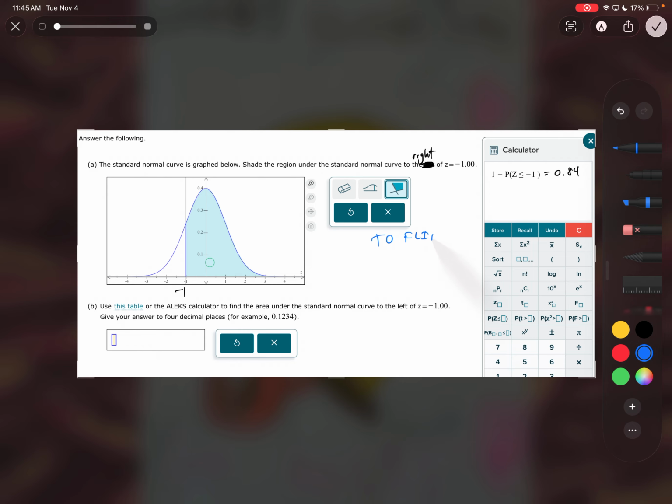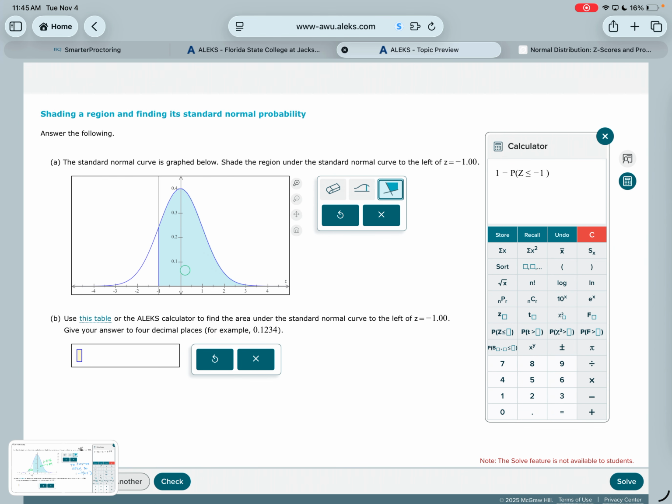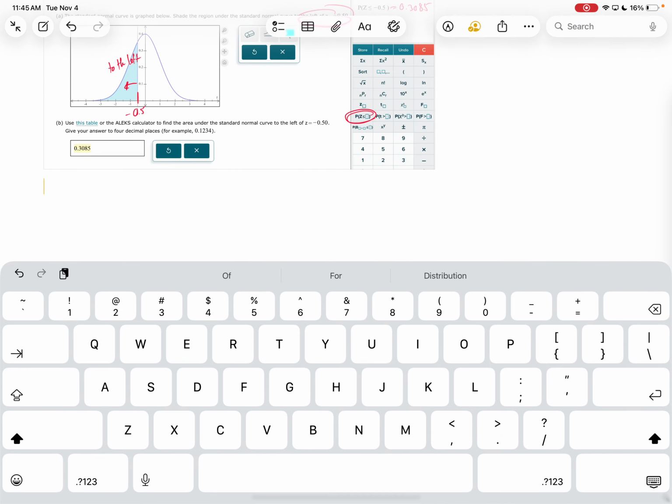To flip the sign, do 1 minus. So what that says is that this is 0.16, so 1 minus 0.16, this has to be 0.84. All right. We'll definitely use that concept again and again and again, though.